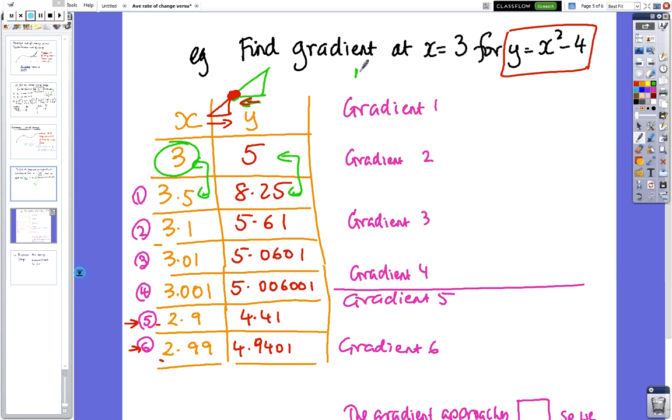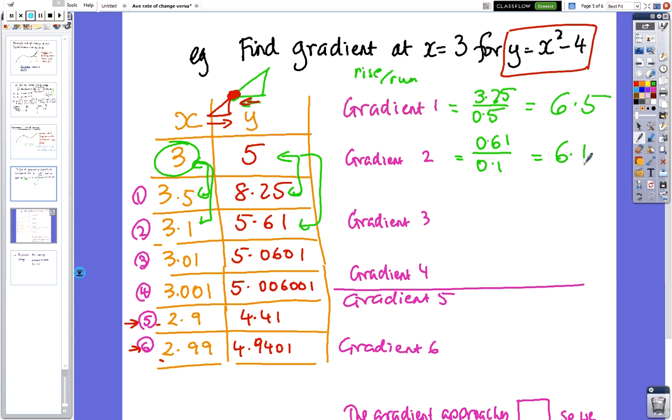In each of these cases, we're going to find the change in y divided by the change in x, the rise over the run. So the first one is 3.25 divided by 0.5, and on the calculator that equals 6.5. The next one is 0.61 divided by 0.1, so that's 6.1.